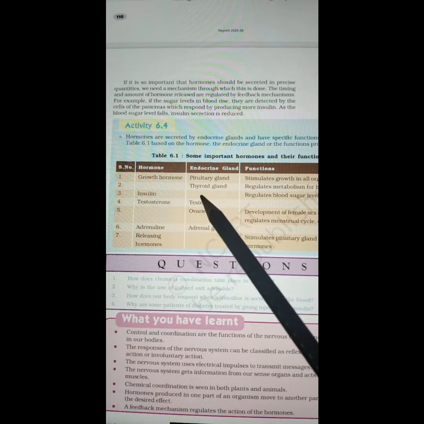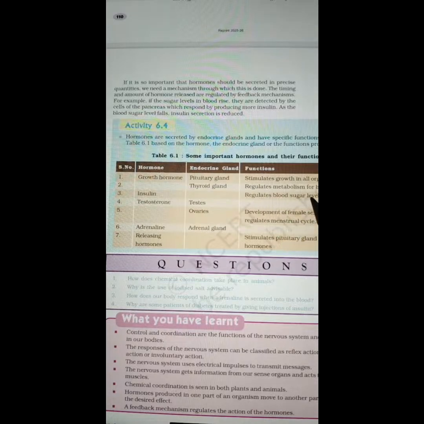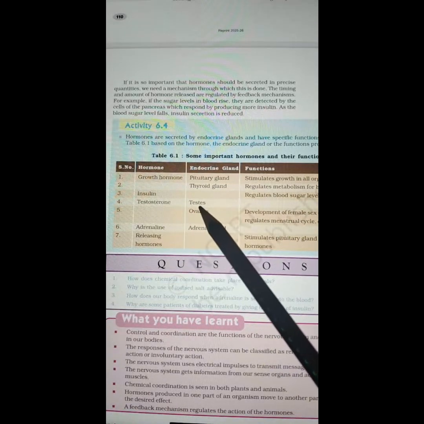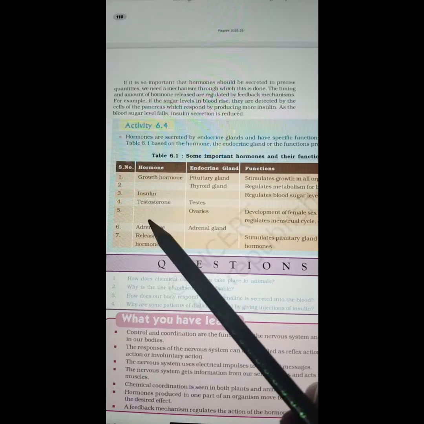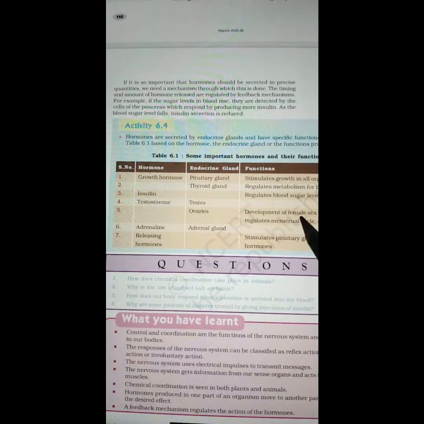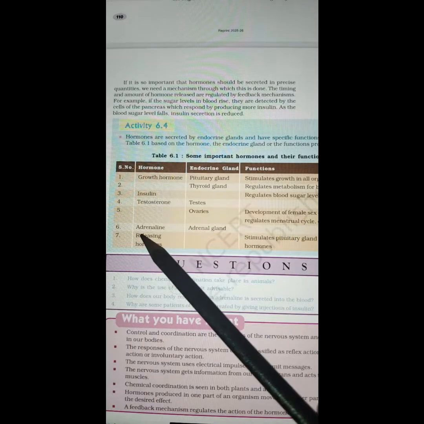Insulin is produced from the pancreas and regulates blood sugar level. Testosterone is produced by the testes, so it produces the secondary sexual characteristics and helps in producing the gametes, that is the sperms. Ovaries produce two hormones, estrogen and progesterone. So it helps in the development of female sex organs, regulates the menstrual cycle, etc.